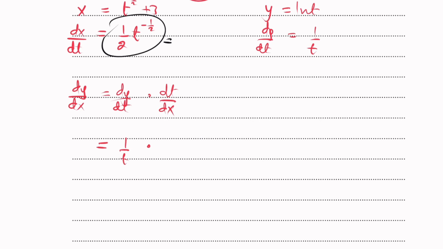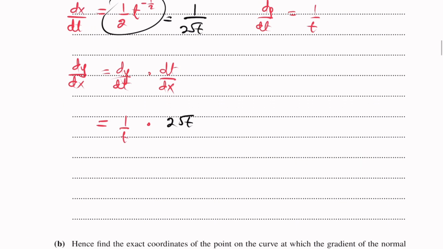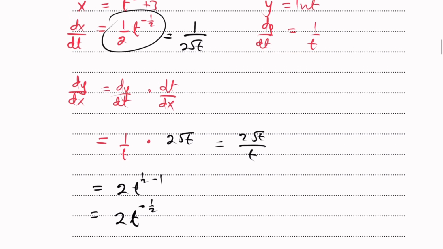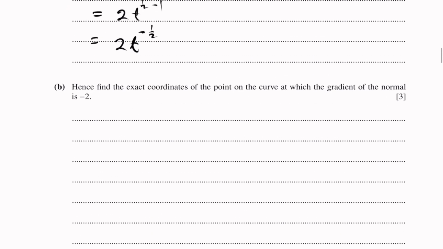We'll get 1 over 2 root t. So that I can flip it and just write 2 root t like that. So this will be 2 t to the power half minus 1, okay, because it's dividing. I mean, we all know it's going to be like this, and because of indices, this will give us 2t to the power negative half, right? So this is a very simplified one, and that gives us our 3 marks.